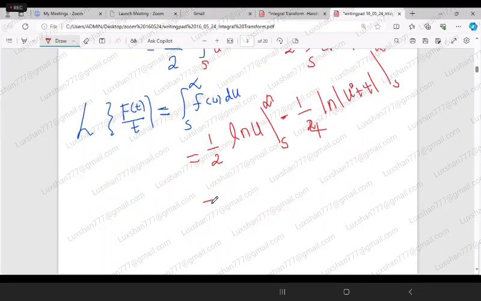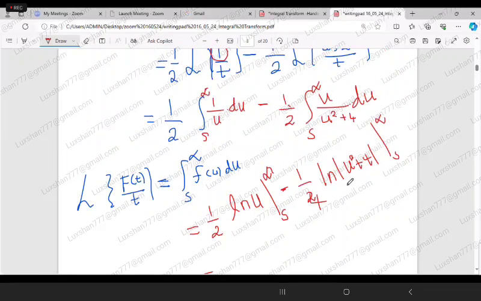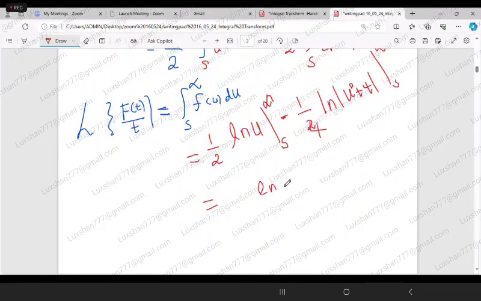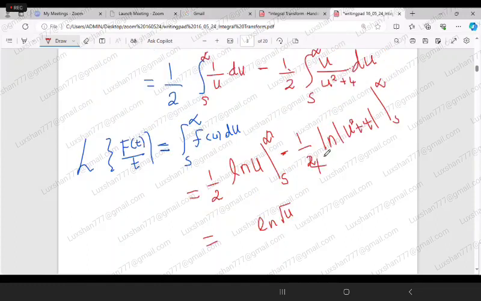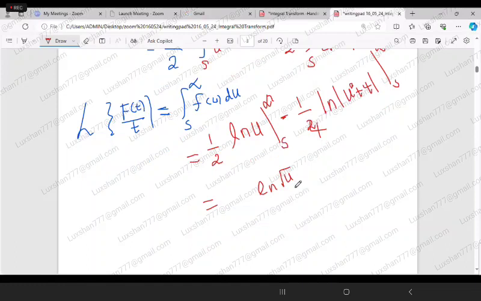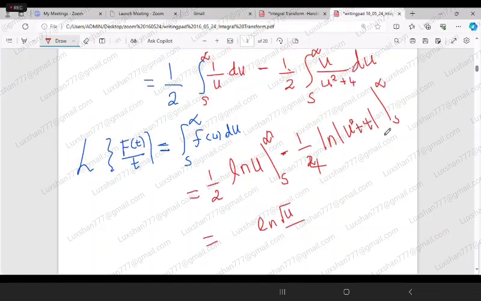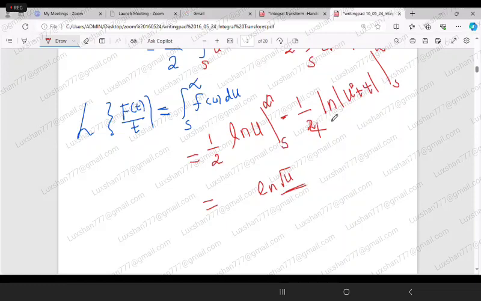Now, if you take the limit as common, you can write this as ln u divided by u squared plus 4 to the power 1 over 2. You want to substitute s to infinity.